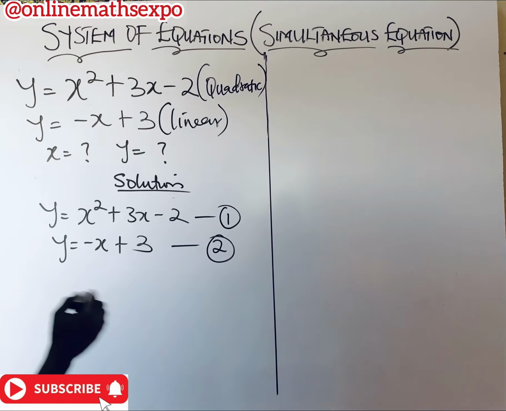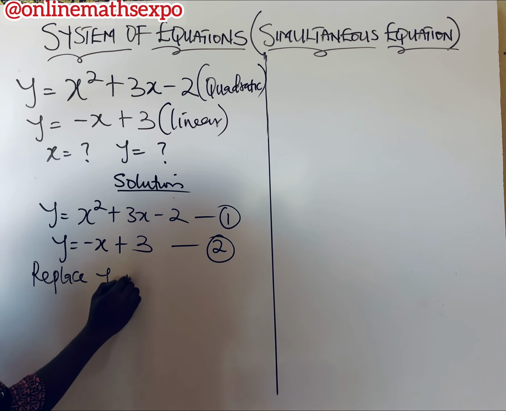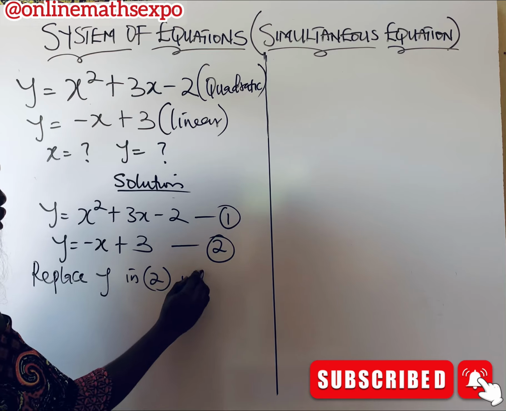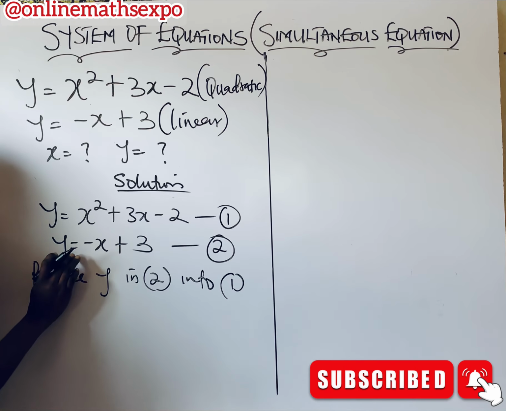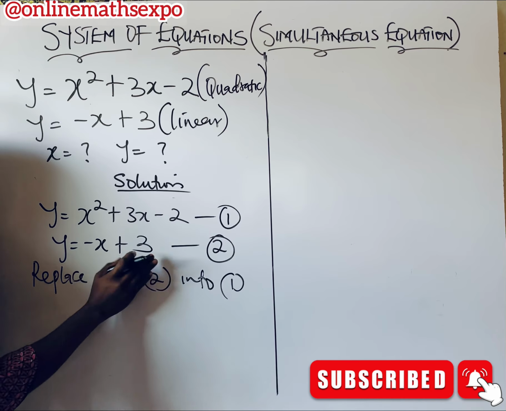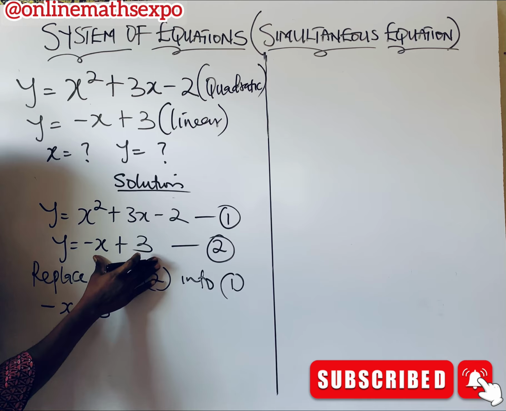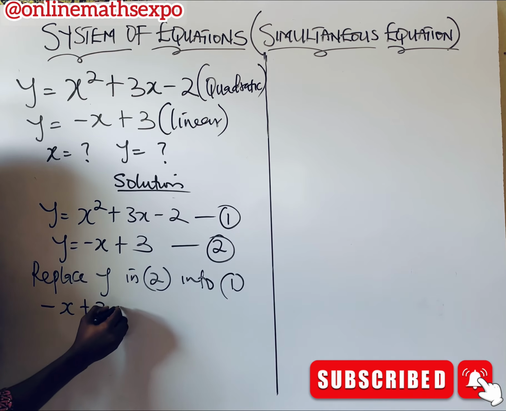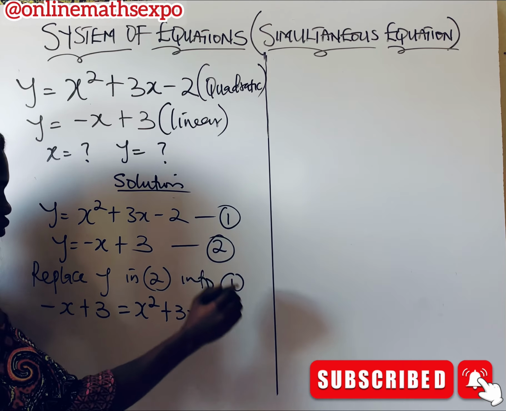So we can now replace y into equation 1. We are going to replace this y with whatever value of y we have here. So that is going to give us negative x plus 3 is equal to x squared plus 3x minus 2.